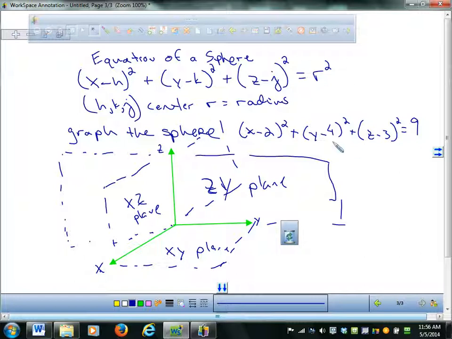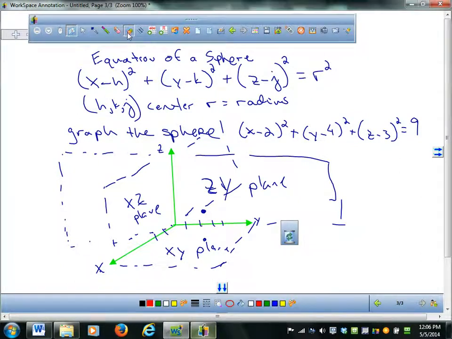And then, if I want to sketch this sphere in here, I'm going to go out 2 on the x. And then I'm going to go over 4 on the y, so 1, 2, 3, 4. So we're going to come this way across here to about 4. And then I'm going to go up 3 units. So this would be the center of my sphere. And then I would take my tools and look for a sphere.